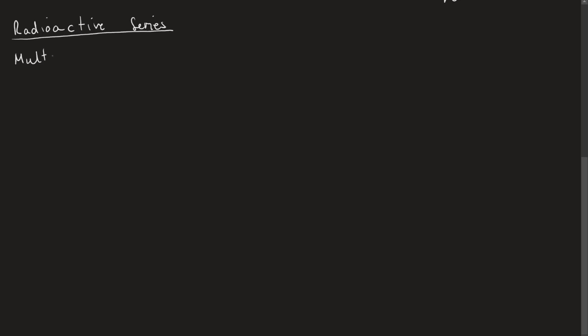So multiple radioactive modes. Now what I mean by that is we can have the same substance that is emitting alpha, beta and gamma. So some of these radioactive substances just go all out and emit all the radiation that they can contain. Now the reason for that is because the whole purpose of undergoing these radioactive interactions is to try and get closer to the stability curve.